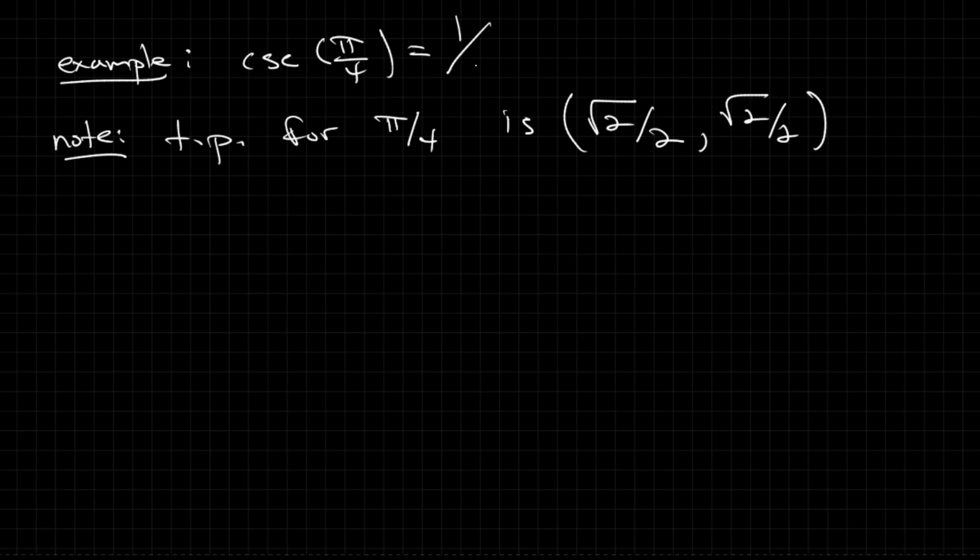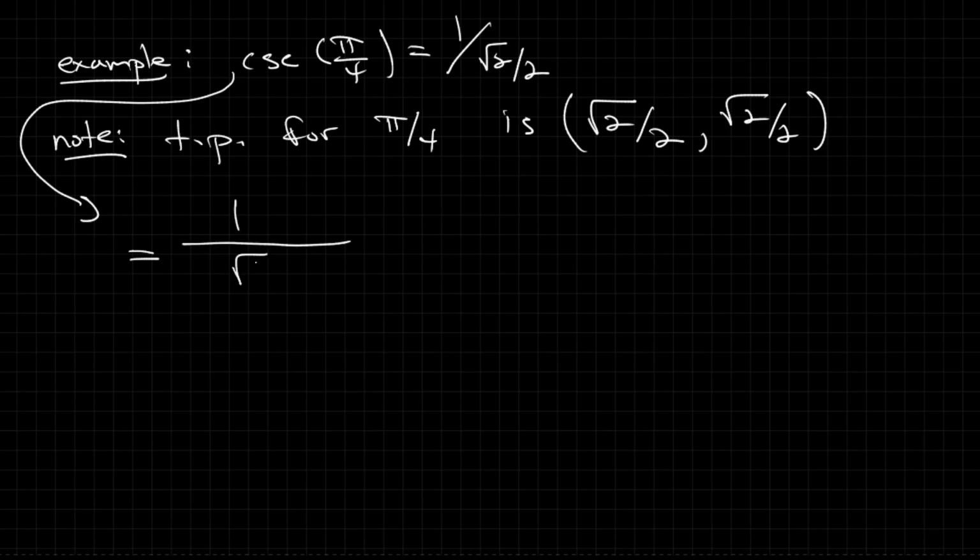So this would be 1 over root 2 over 2. I'm going to give myself a little more room here so I can write this in a better way. So 1 divided by root 2 over 2. And now this is a fraction divided by a fraction. The numerator is 1 over 1. The denominator is root 2 over 2. And so we can multiply by the reciprocal of the denominator.